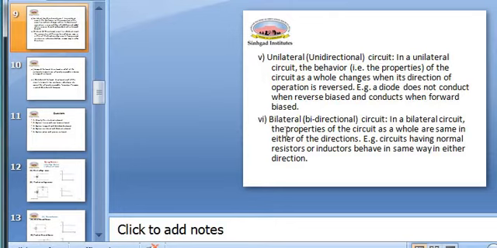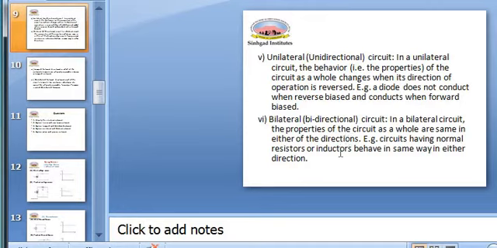So what will be a bilateral circuit? In a bilateral circuit, the properties of the circuit as a whole are the same in either direction. Means the circuit element will have the same behavior when the supply is reversed. Resistor is one example.